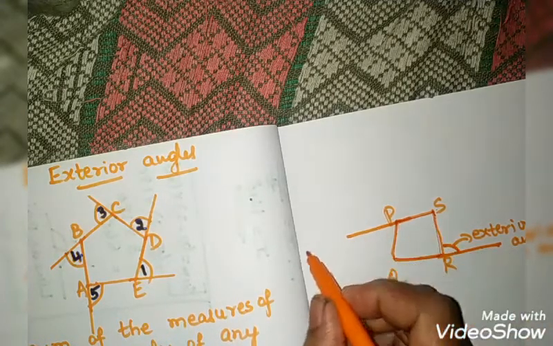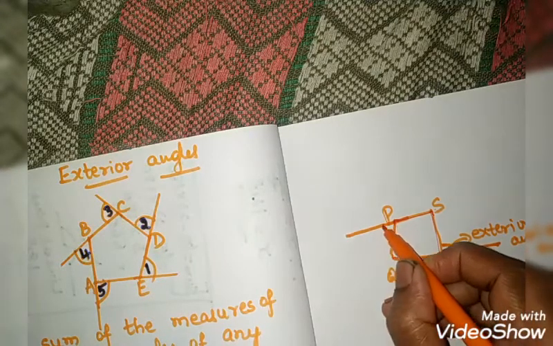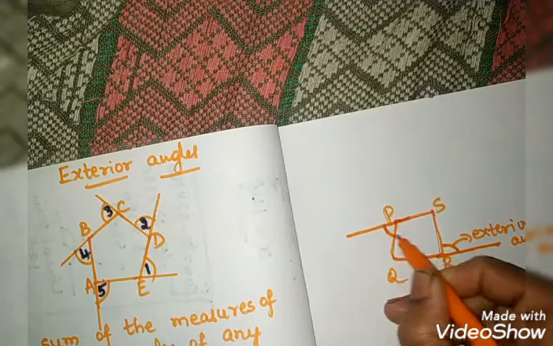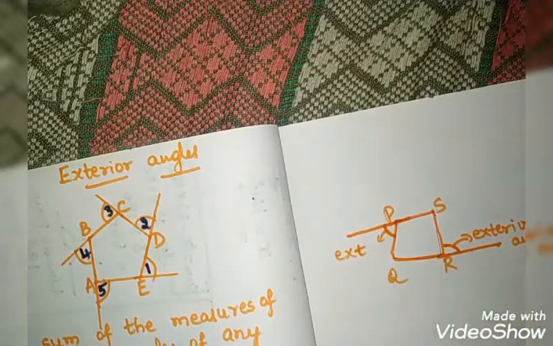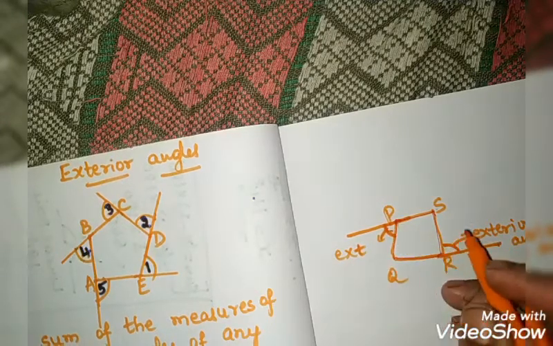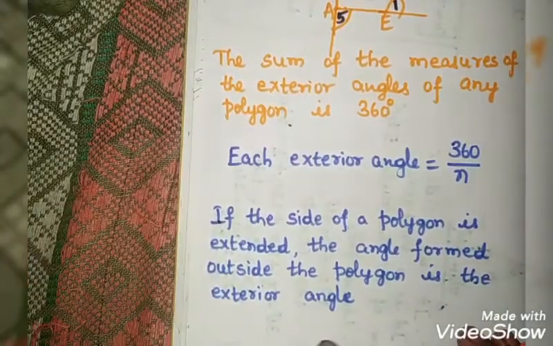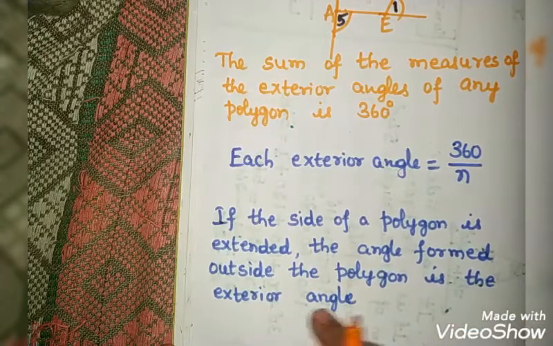When this side is extended to the left side, we get an angle outside the polygon. This angle is also known as what? This angle is an exterior angle, children. This angle is known as an exterior angle. So, if the side of a polygon is extended, the angle formed outside the polygon is the exterior angle.